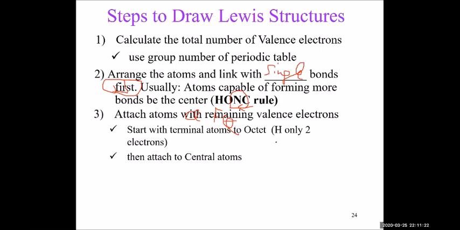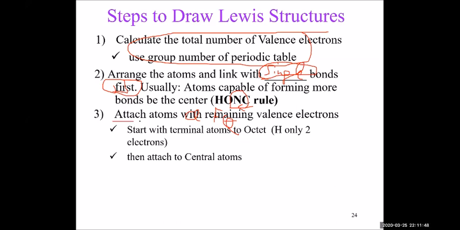And the next step: since we counted all the valence electrons in the first step, and then we link single bonds, each single bond is 2 electrons. So there are a number of electrons remaining, and those remaining electrons should all show up in the Lewis structure.